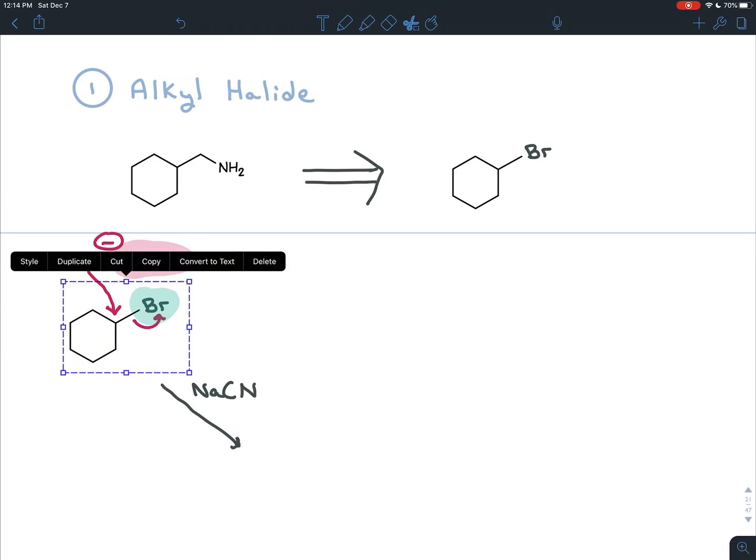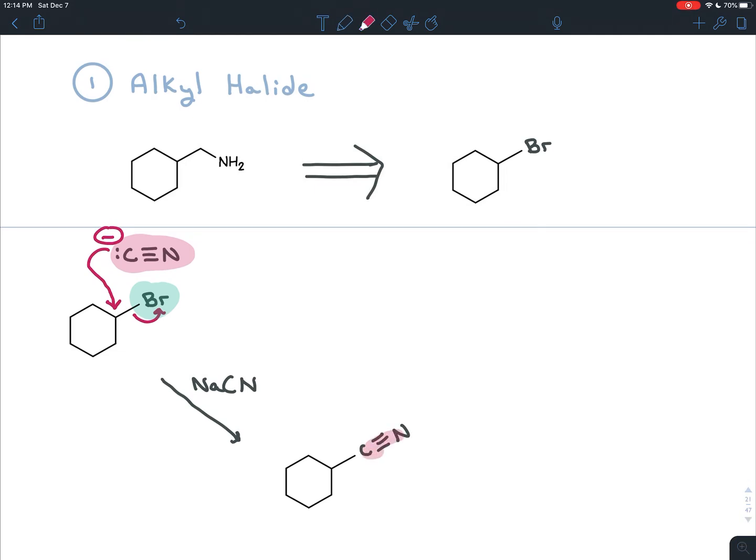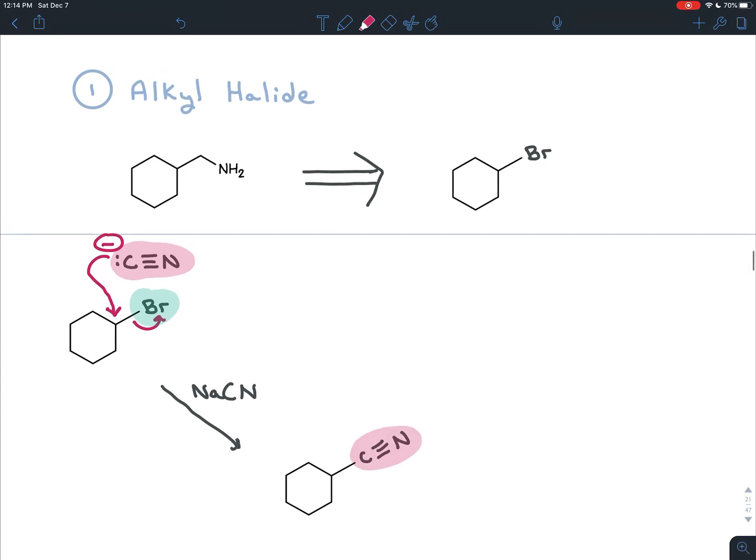So we'll take this molecule here, erase the leaving group, and where it was, add in the nucleophile. So now we have the carbon and the nitrogen that we want.